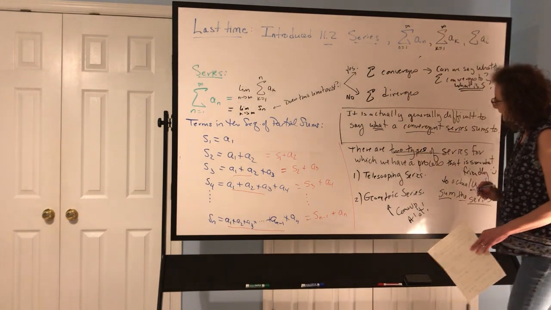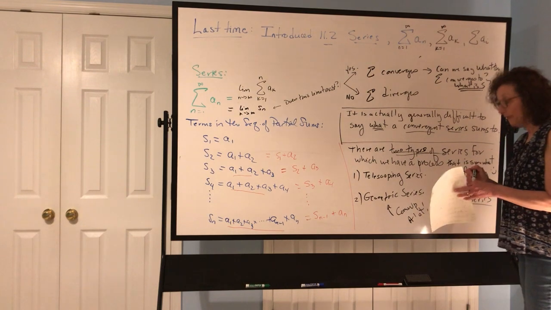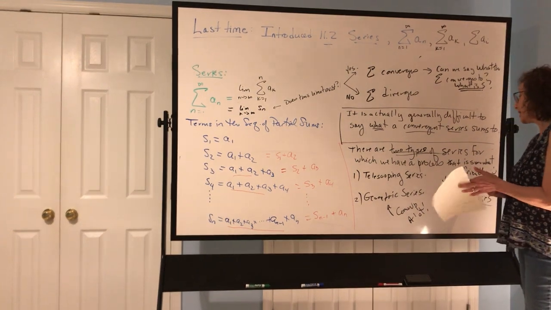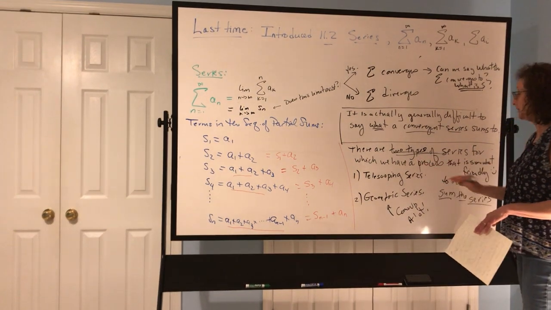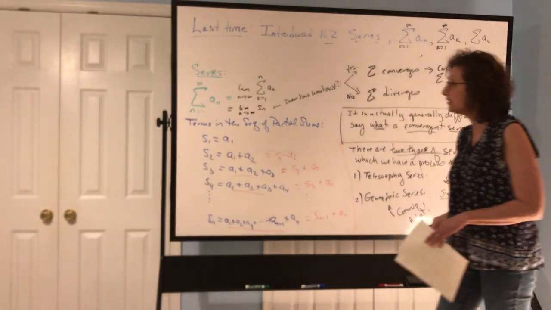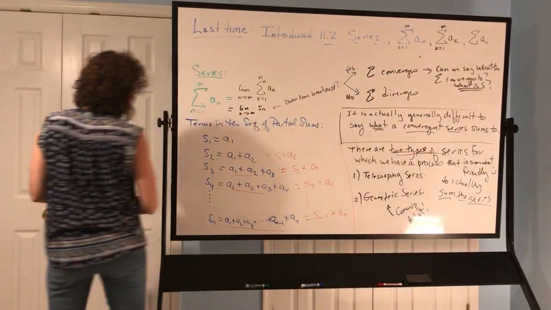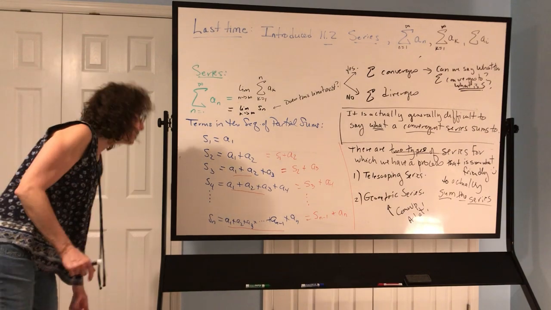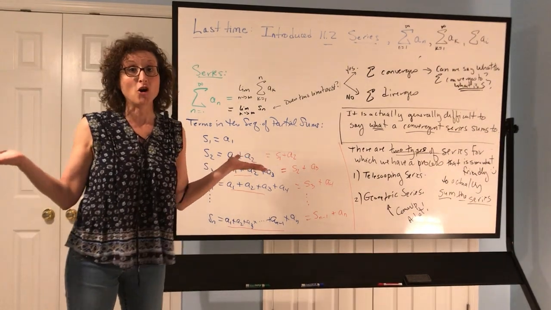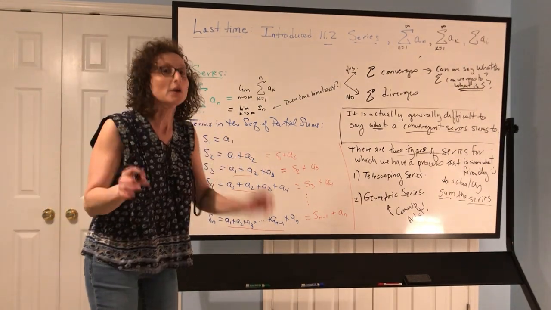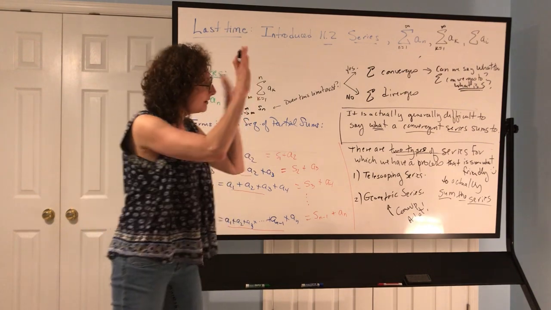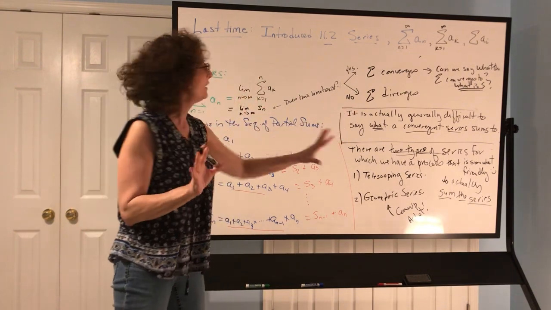Okay, so for now, before we start talking about a couple of types of series for which we actually can sum the series, what we want to do is figure out, well, since this sounds a little hard, you just gotta try to keep it all straight, right?